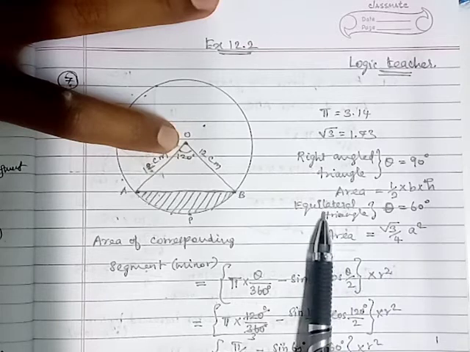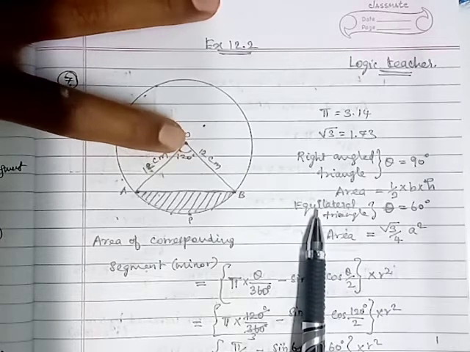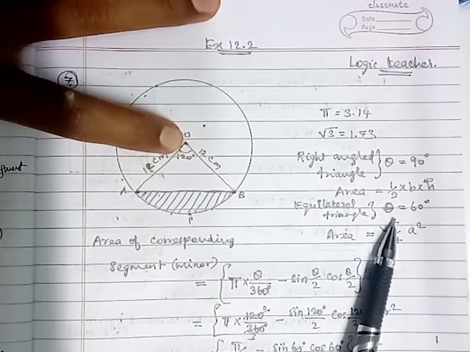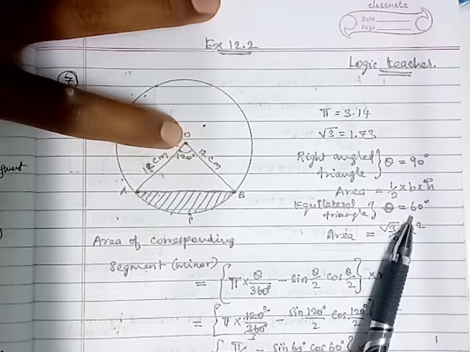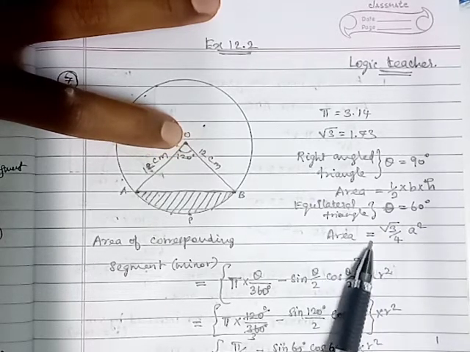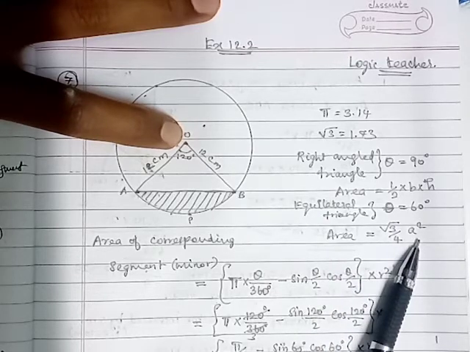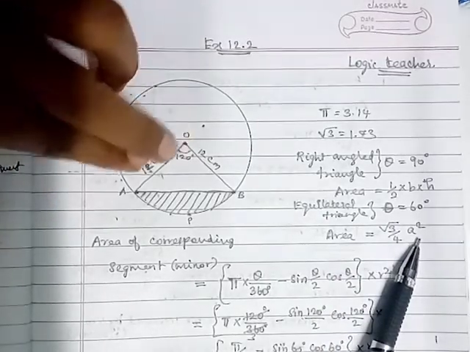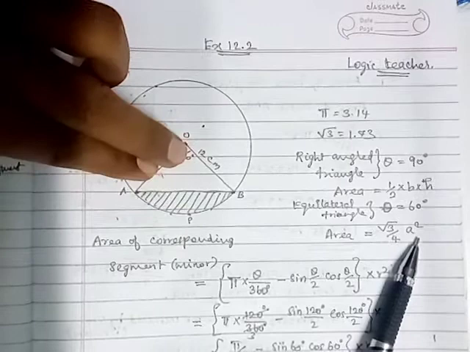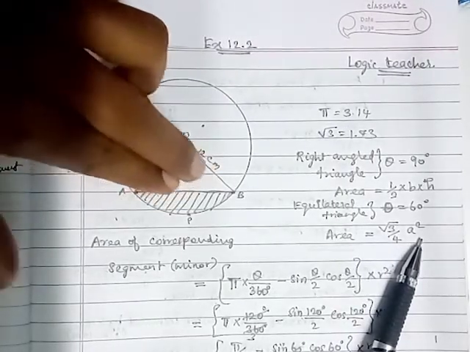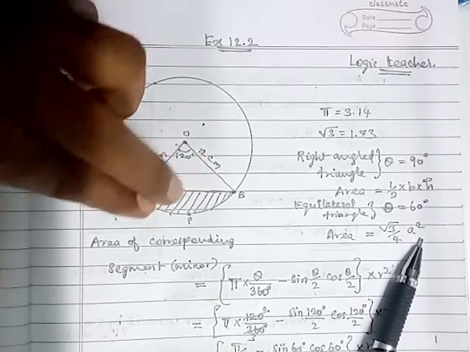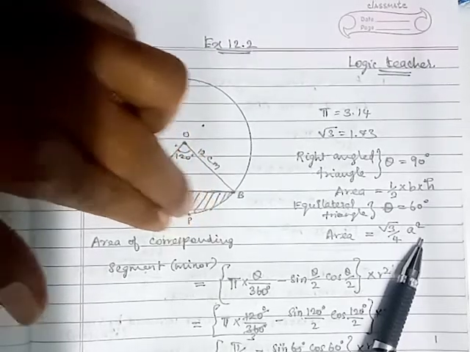And for an equilateral triangle, if theta is 60 degree, we will use area equal to root 3 by 4 a square. After that we find the total sector area and subtract the area of the triangle to get the value of this area.